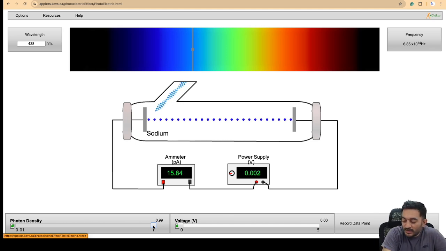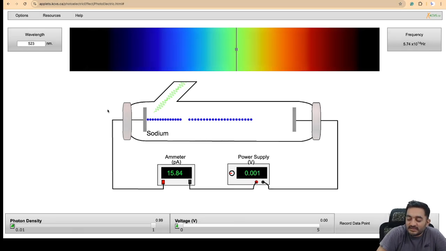Yes. Okay. Now suppose I will again go back to the threshold frequency. So let's find the minimum point where it was happening. So I can say that this is basically the minimum frequency where the sodium is giving us some kind of emission of electron. Correct?